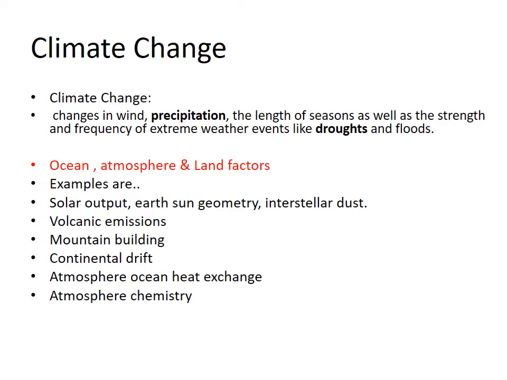Ocean, atmosphere, and land factors. Examples are solar output, Earth-Sun geometry, interstellar dust, volcanic emissions, mountain building, continental drift, atmosphere-ocean heat exchange, and atmosphere chemistry.